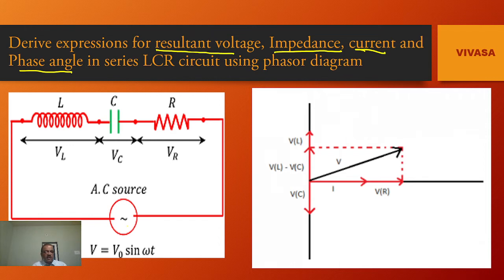Let us say this is an AC source, with voltage V equal to V0 sin omega t. Similarly, the voltage across the inductor is called VL, that across the capacitor is called VC, and that across the resistance is called VR. The phasor diagram of this is drawn here.